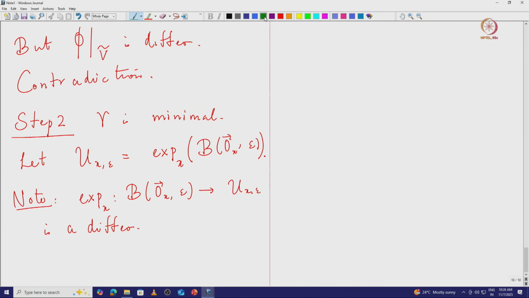So then our claim is that W is contained inside this. Okay. What is the proof?